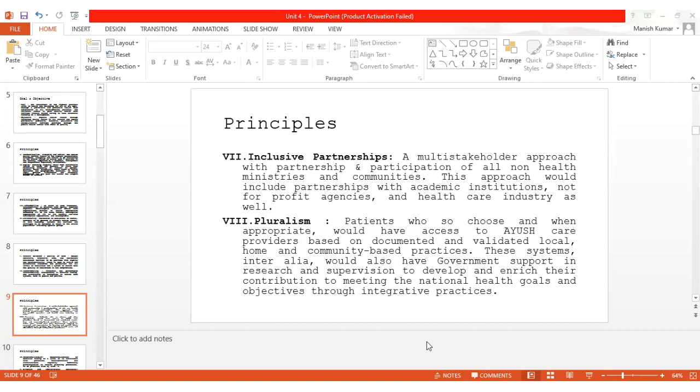In addition, sir, this AYUSH Health and Wellness Center is also coming at the level of health sub-center. These health and wellness centers are supposed to have CHOs, community health officers, right? Yes, sir. Most of the states have a CHO basic qualification of either nursing or an AYUSH doctor. Wherever they get an AYUSH doctor, they prefer to place them.